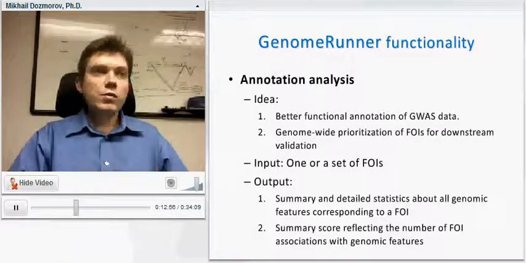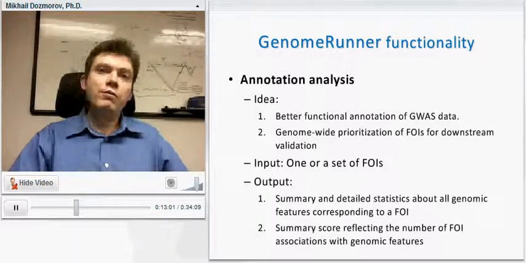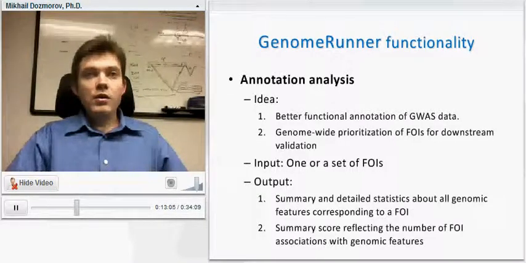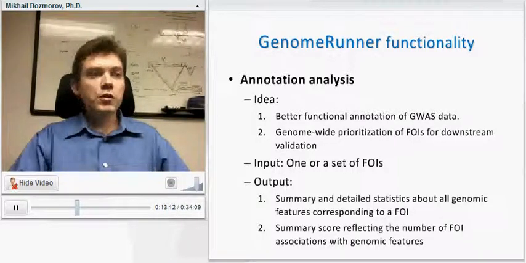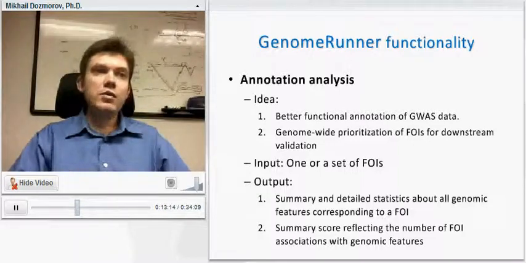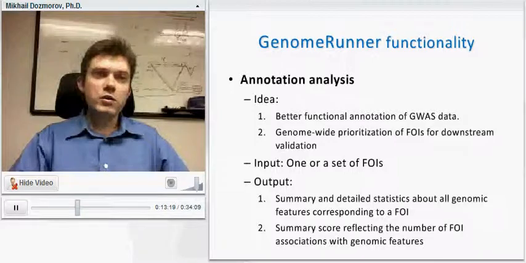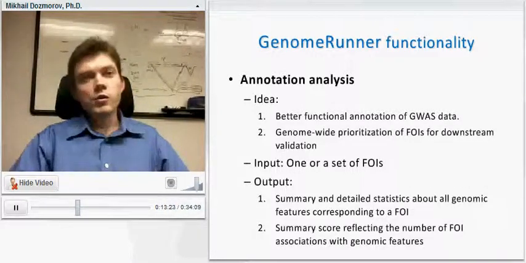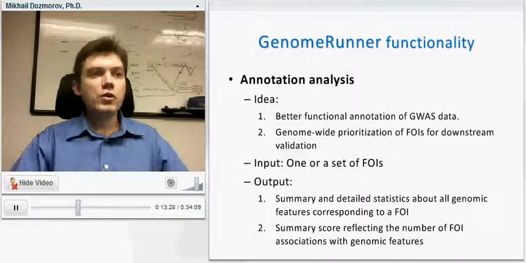Based on this knowledge, we can perform genome-wide prioritization of features of interest for downstream analysis. The input for annotation analysis is one or a set of features of interest. And as output, you can get a summary and detailed descriptive statistics about all genomic features corresponding to a feature of interest. You can also get a summary score reflecting the number of associations of features of interest with genomic features.